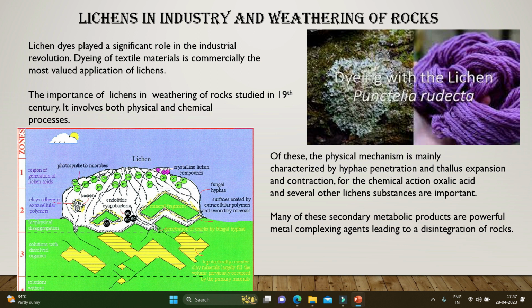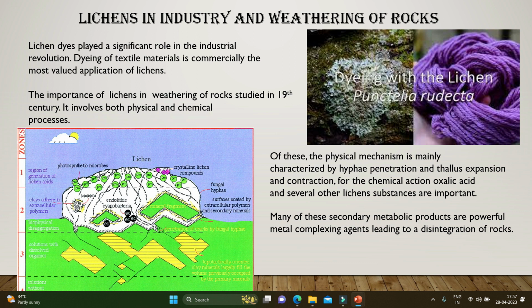Another most important significance of lichen is its usage in industry and also in the weathering of rocks. Lichen dyes played a significant role in the industrial revolution. In what way? These lichens give a natural color to textile materials, and the dyeing of textile materials has a commercial importance, and it is a most valued application of lichens.